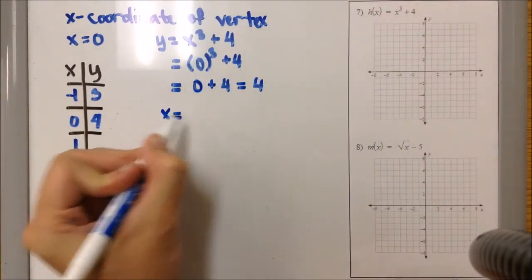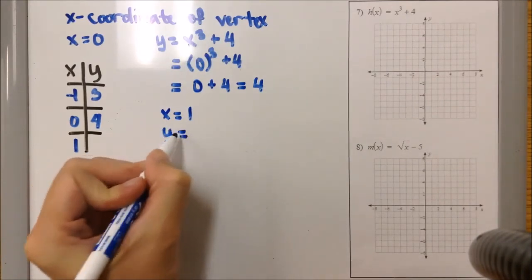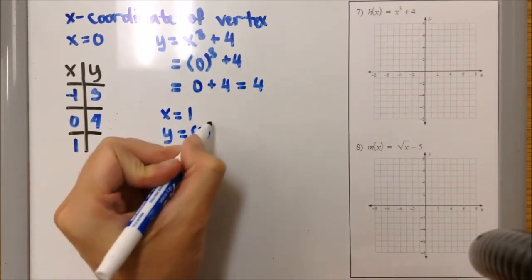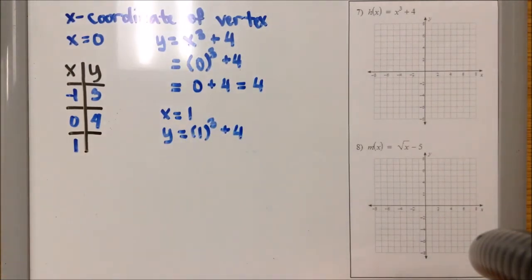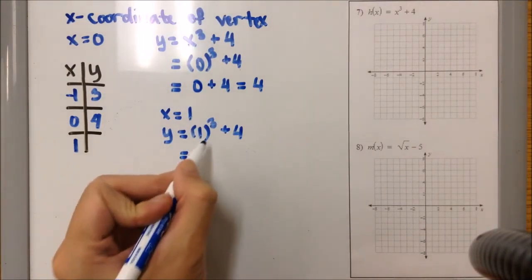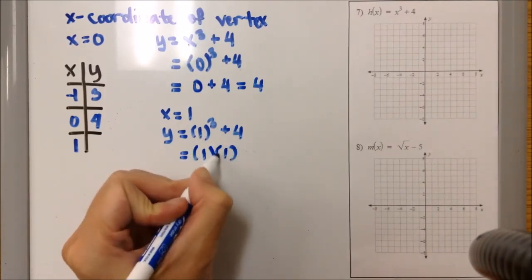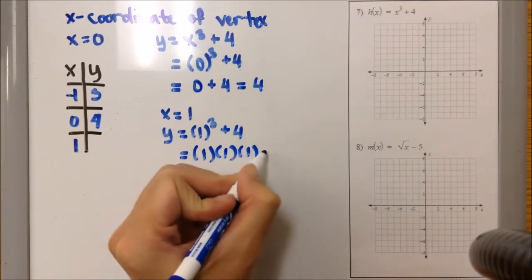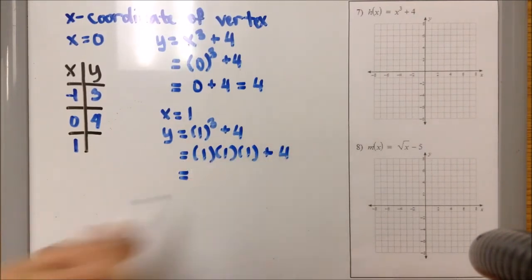So x equals 1. And then I'm going to plug 1 into x. And I did the same thing, I incorporate parentheses. Now, even though it's just 1, it's good practice to write it out. So to the third power, 1 times 1 times 1. Now the reason is because I want y'all to see what work you're doing, especially if you want partial credit.